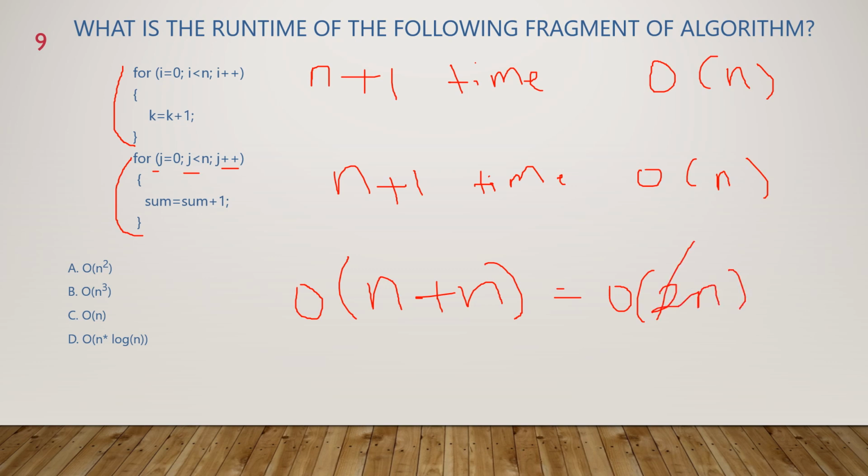And then the coefficient will be removed, and the final result is big O of n. Based on this answer, the result will be C, big O of n.